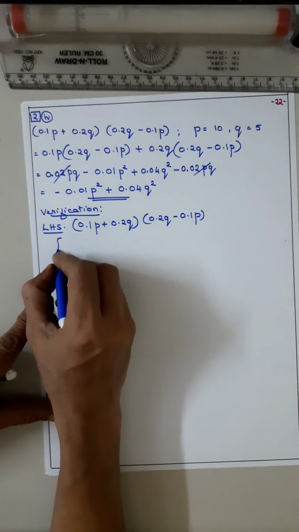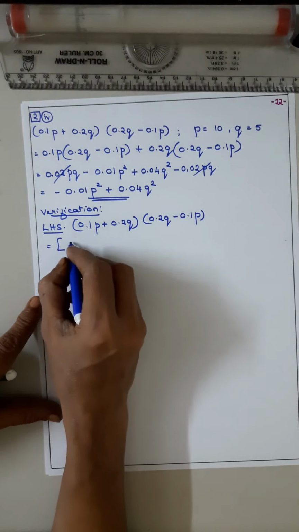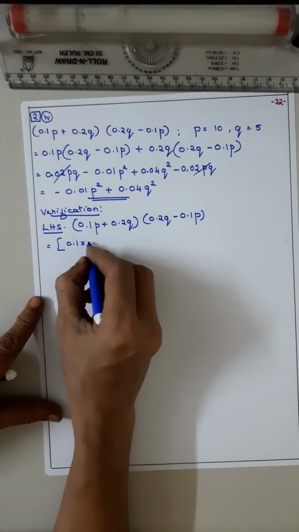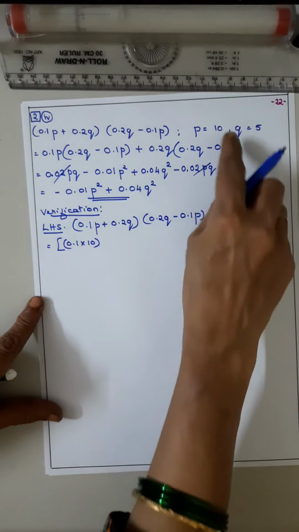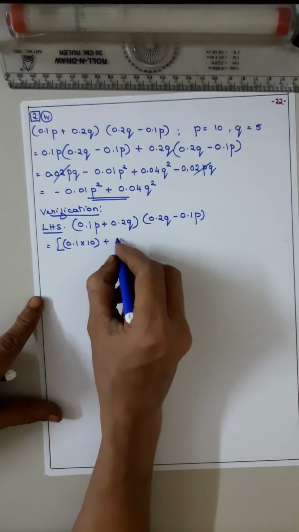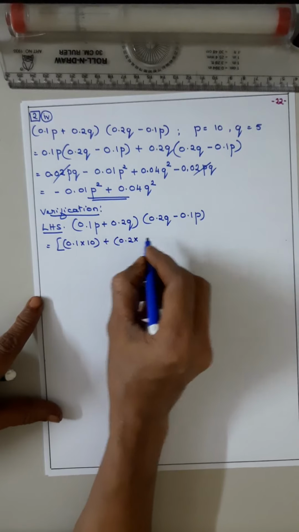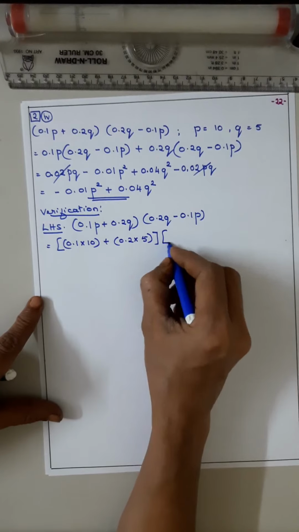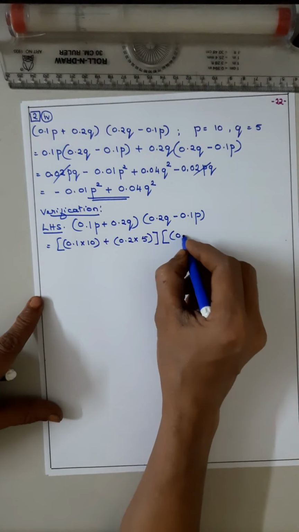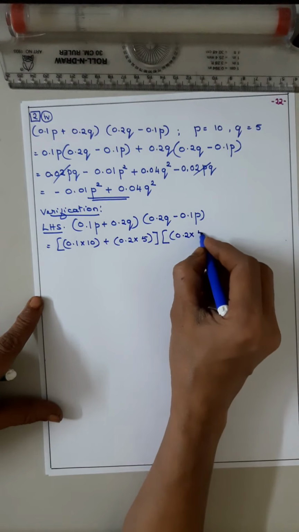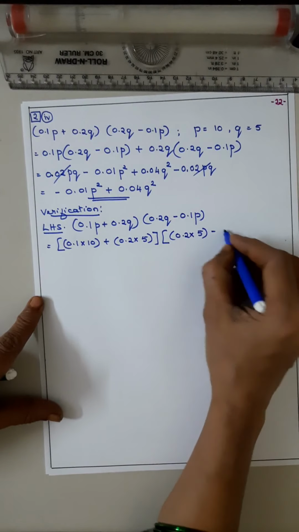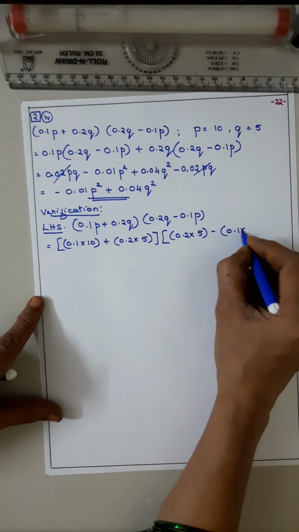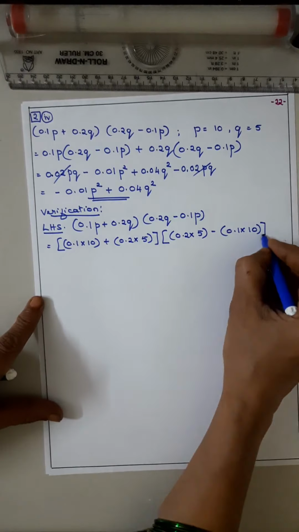It is a bracket open. 0.1 into p is 10, isn't it? Plus 0.2 into q is 5. Bracket close. Again bracket open. 0.2 into q is 5 and 0.1 into p is 10.